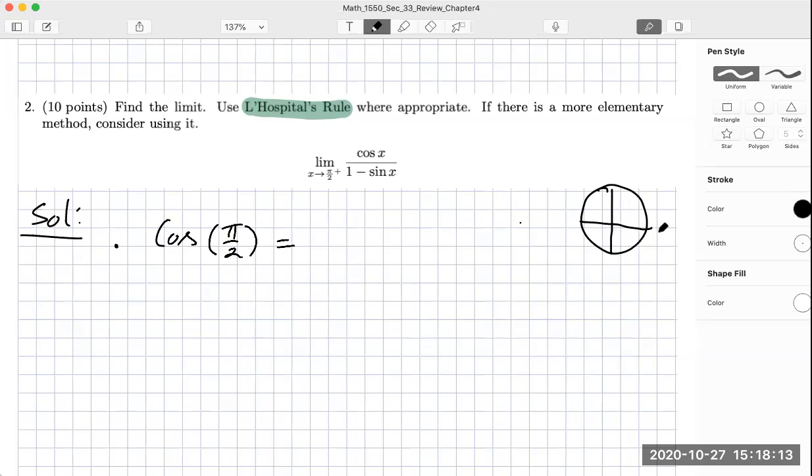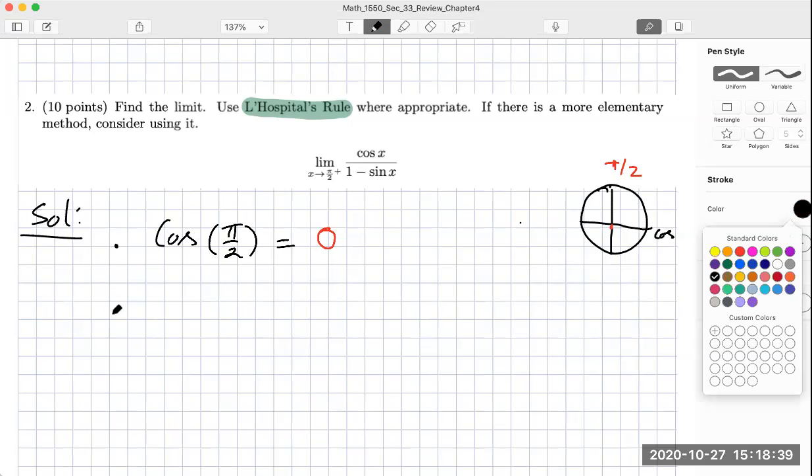Or if you don't remember, draw the unit circle here. This is the angle pi over 2. This is the cosine axis here. At pi over 2, we project it to the cosine axis. And we see that cosine of pi over 2 will be 0 when x comes to pi over 2.